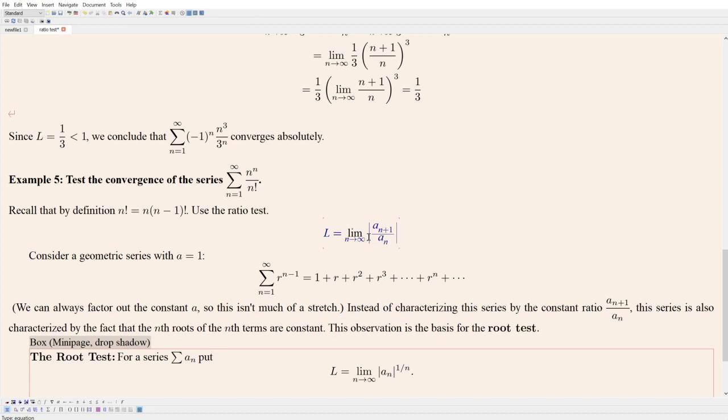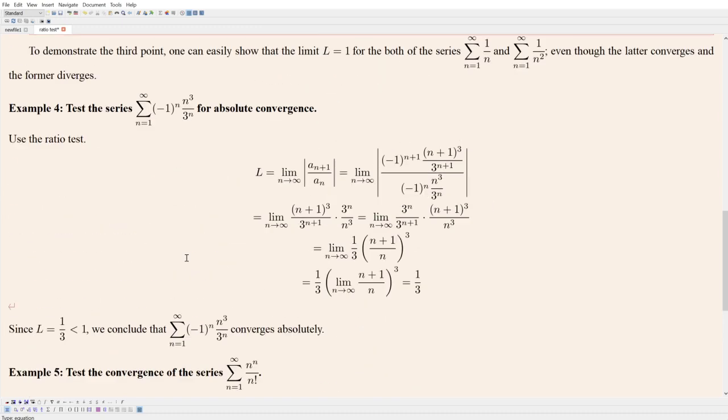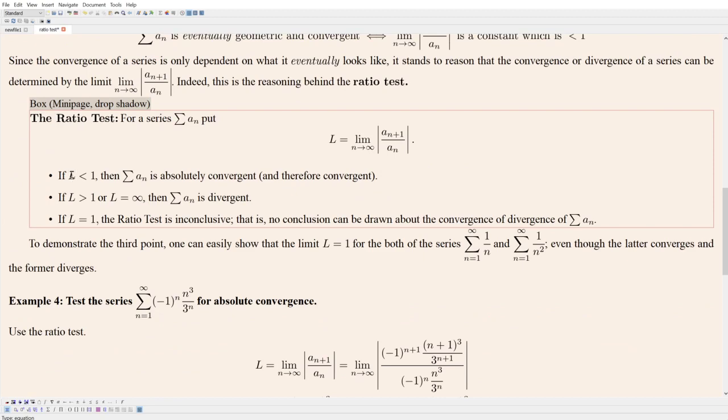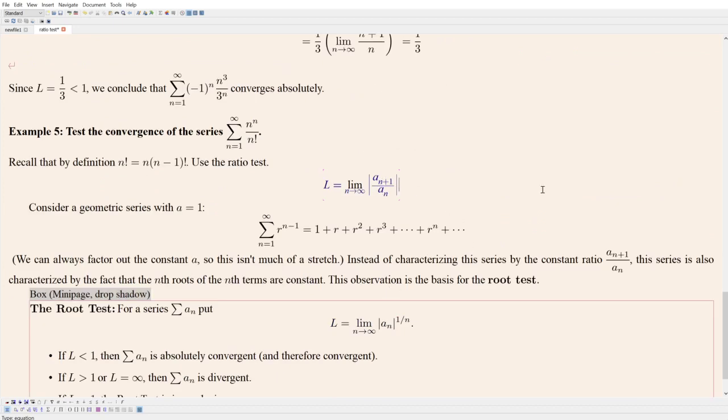You can't get these flip-flopped, because if you get these flipped upside down, then instead of getting an L less than 1, you would get an L greater than 1, and vice versa. So you'll end up with exactly the opposite conclusion from what the correct conclusion is. So that is important, unlike in, say, the limit comparison test, where it doesn't matter what the top and the bottom are.